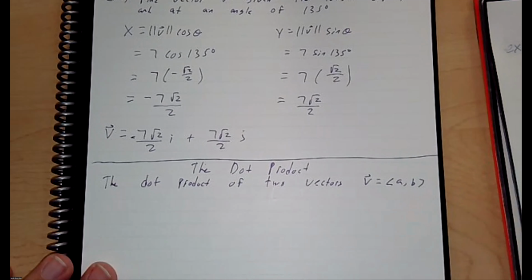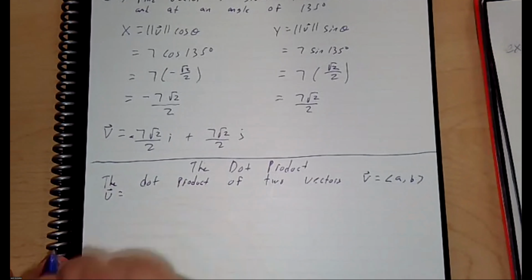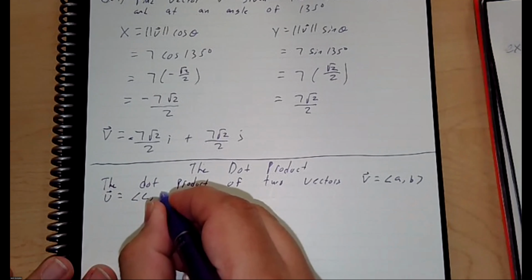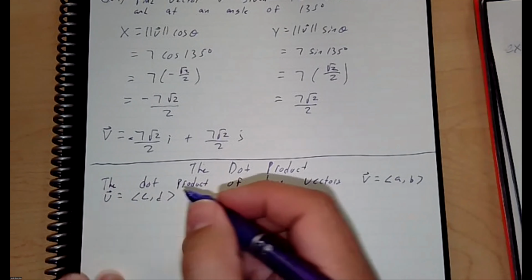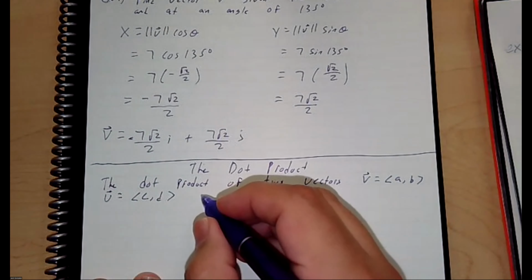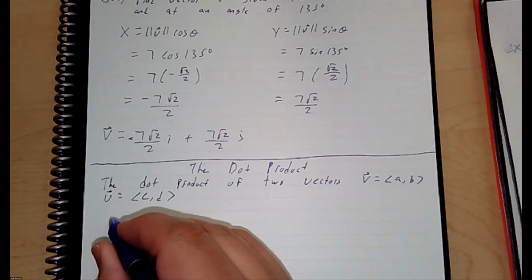v is equal to a comma b, and u is equal to c comma d. The dot product is written this way.